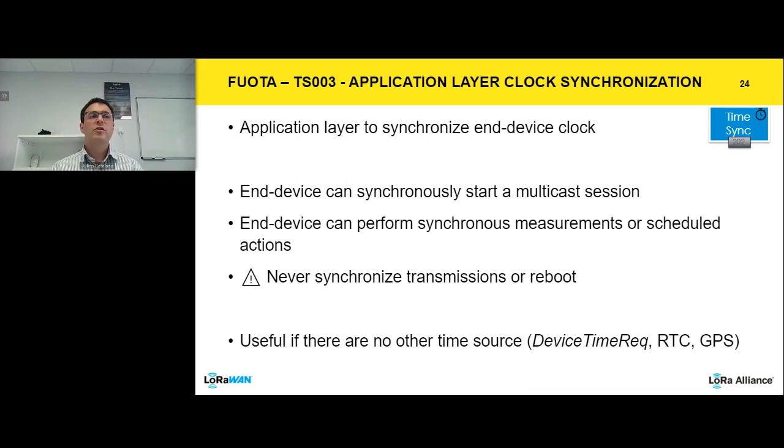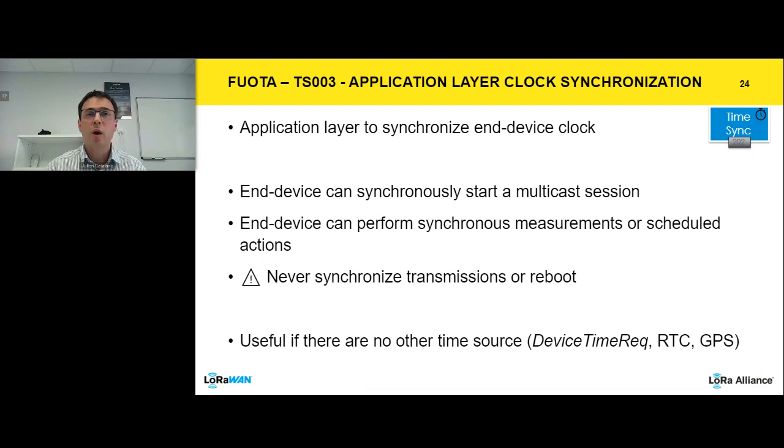One point of attention here is that this is good to synchronize actions on the device, but care should be taken to never synchronize any transmission or any reboot. Why is that? When you synchronize transmission, if you have thousands of devices in sync for transmission, the network will fall over. So it is very important to use that specification not to synchronize transmission nor reboot.